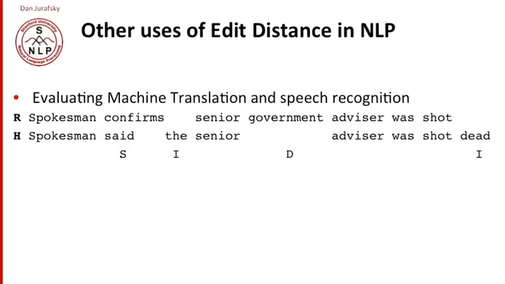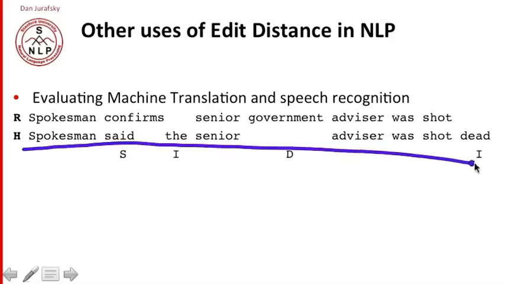In machine translation, for example, we'd like to measure how well a machine translation system does. Let's suppose that our machine translation system represented some sentence, maybe translated from Chinese, as "the spokesman said the senior advisor was shot dead."